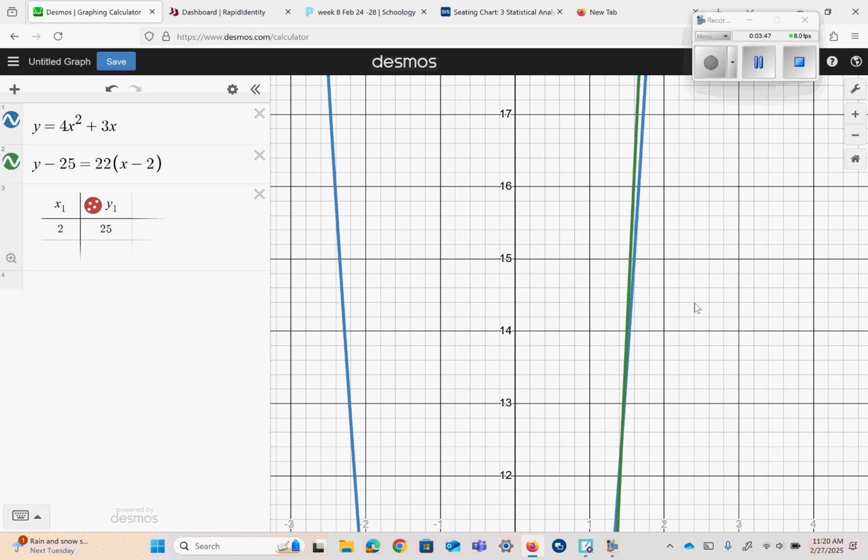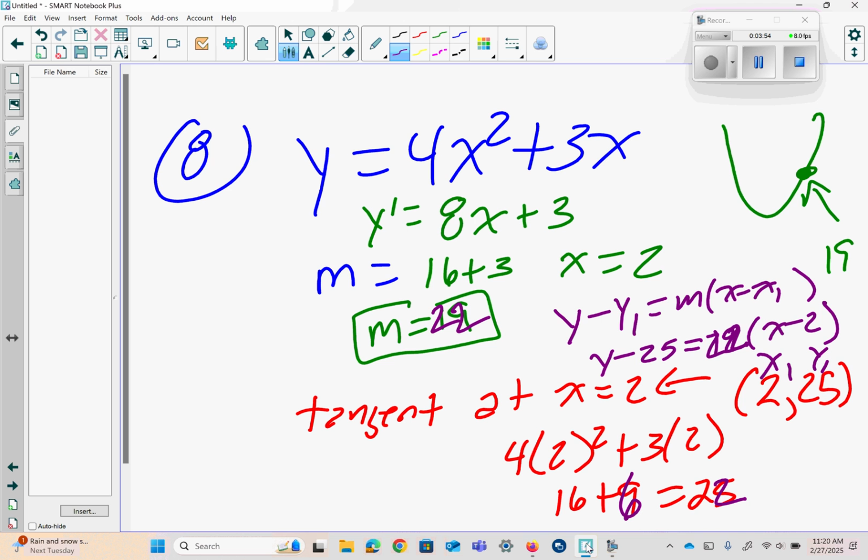Is my equation right? 4x squared. Slope might be 19, and then let's see, 16 plus 6 is 22.